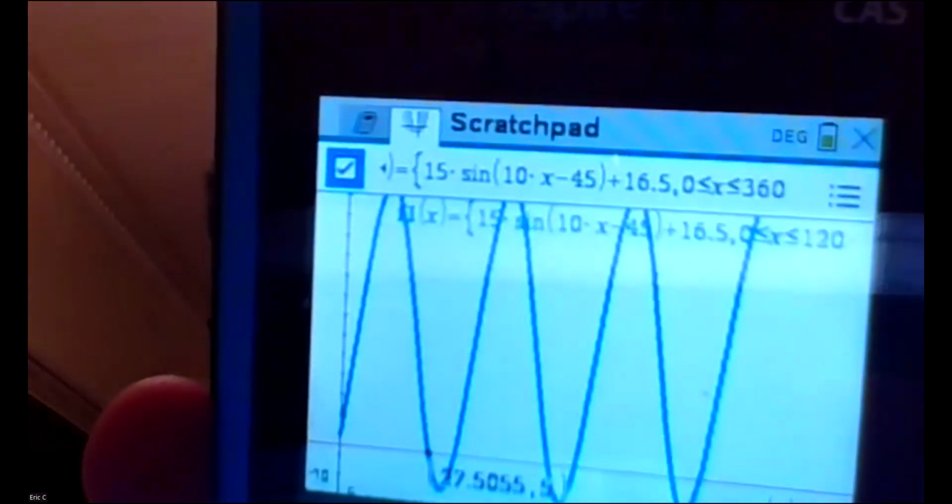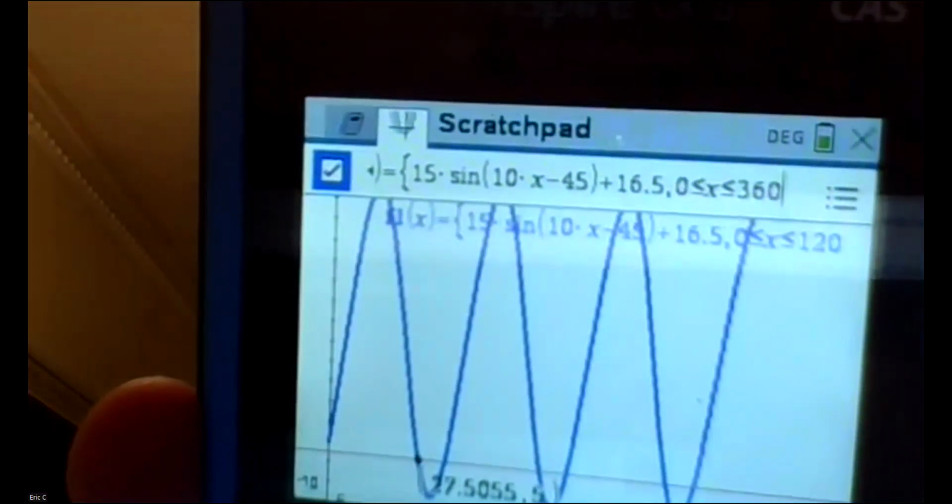And then how many times will her seat pass the access platform during the entire ride? So what we want to do is change the domain again. Instead of 120 seconds, for 6 minutes, it's going to be 6 times 60, which is 360. So change it to 360 in our original graph.